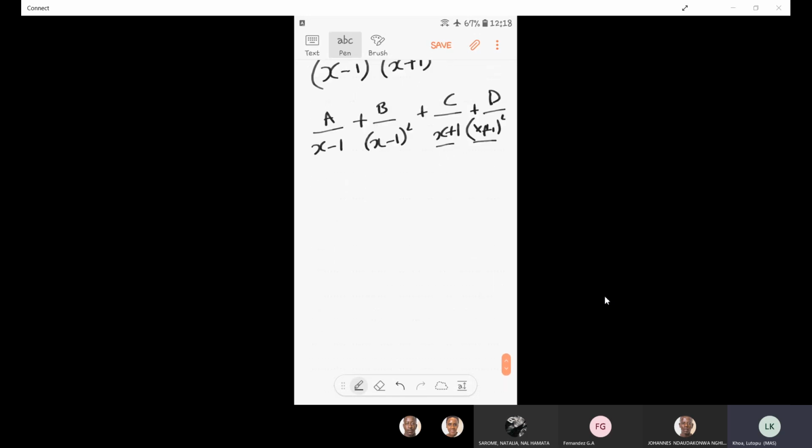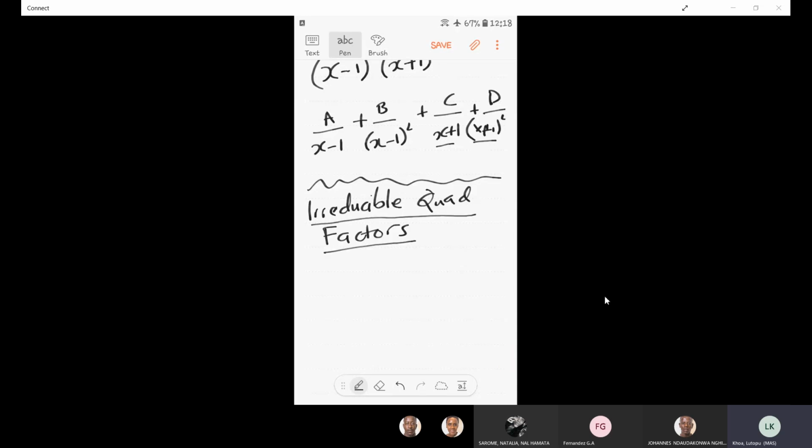Okay, then the next one we look at, let's try and squeeze this in for today's class, is when you have irreducible quadratic factors. So with irreducible quadratic factors, that means you have a factor in the denominator, let's say for example x squared plus 1.